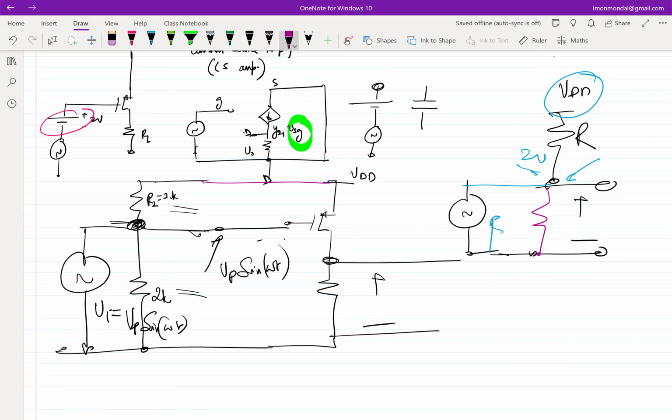Now the current path was initially through this, correct? From top to bottom and through the R1, R2 resistor. But now the moment I connect this, the current path can be this. Right? So essentially the current path changes and that's another way of saying that the voltage that you were trying to observe has changed.